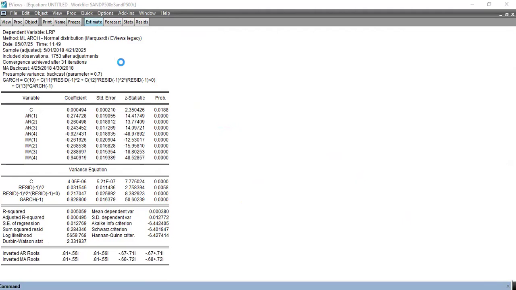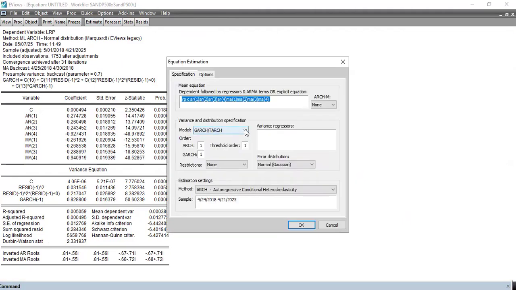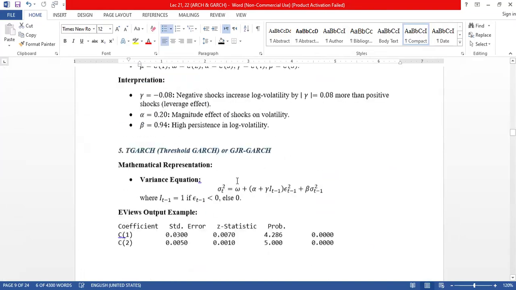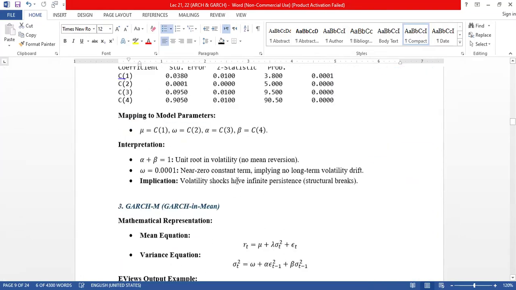And then of course there is another one, which is called GARCH-M. We would like to have the variance. You remember this thing, Shiva? Dr. Marashi taught you something here.